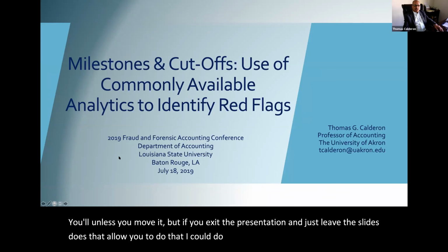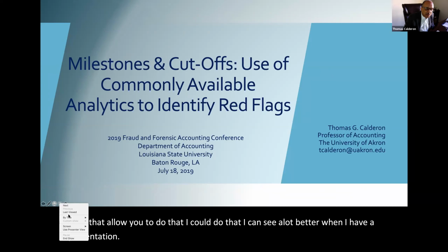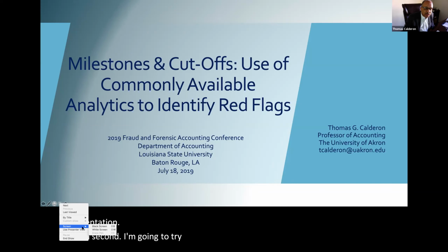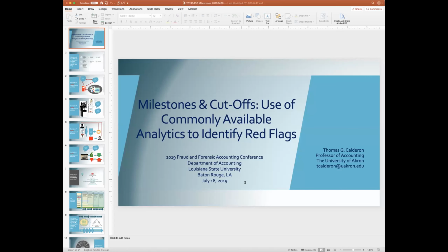I think it'll just be better. I can see a lot better. Oh, okay. Just a second. I'm going to try to see if there is a way to. Okay, let's see. In this mode, you could see all of it? We could see all of it, yes. And I can see all the content per slide.